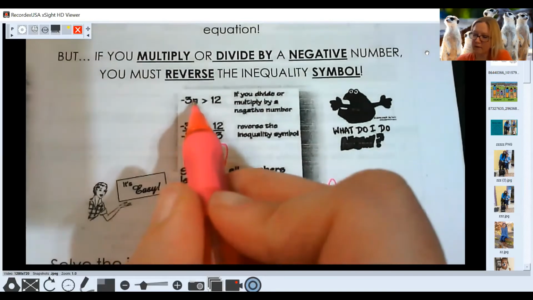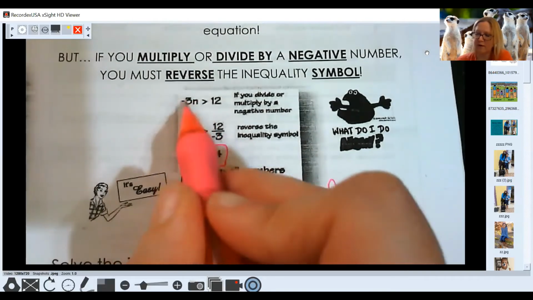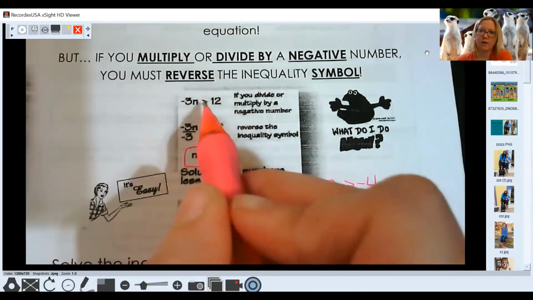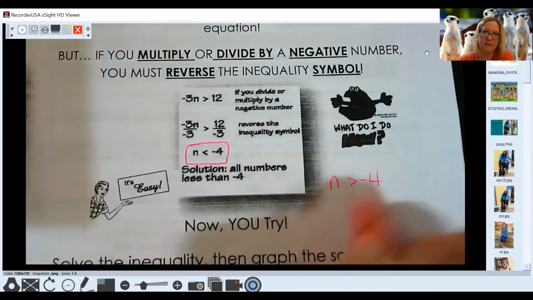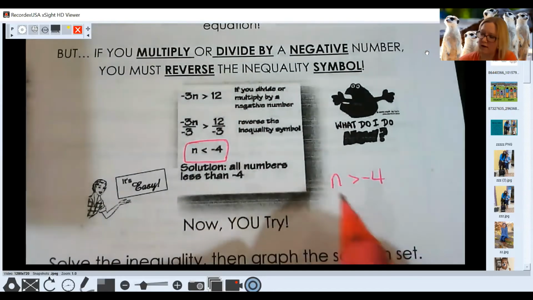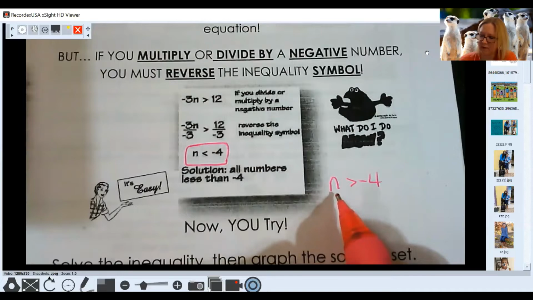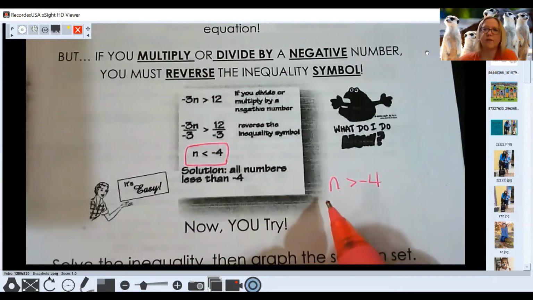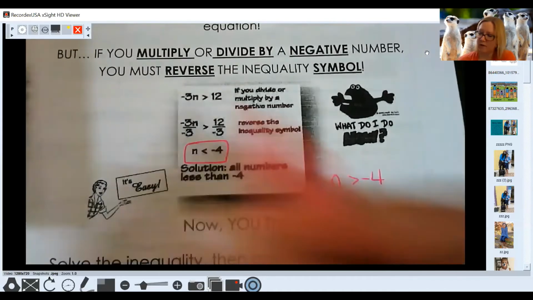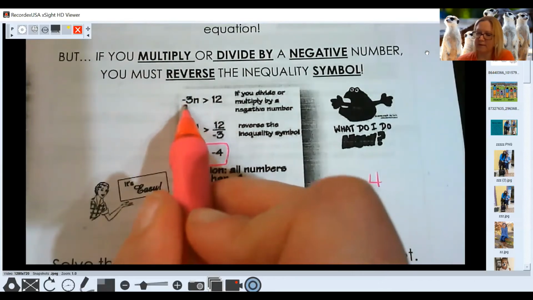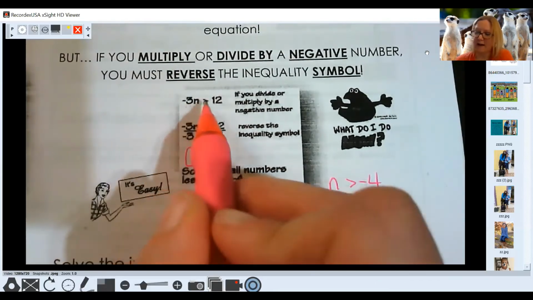Well, if I plug in 0 right here, 0 times negative 3 is 0. 0 is not greater than 12. So we would know that that can't be correct. Okay, another number, let's say we chose negative 3, because negative 3 is also greater than negative 4. Well, if I plug that in here, negative 3 times negative 3 is 9. 9 is not greater than 12.